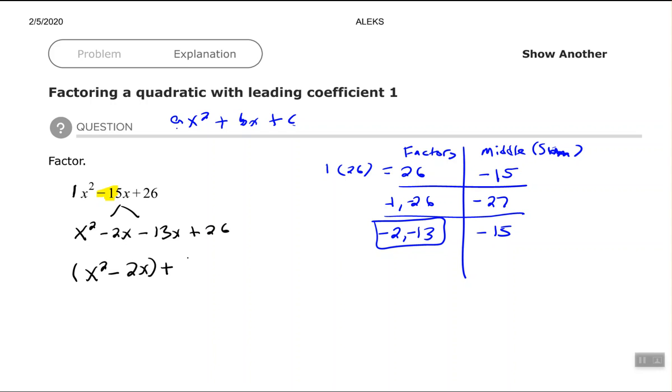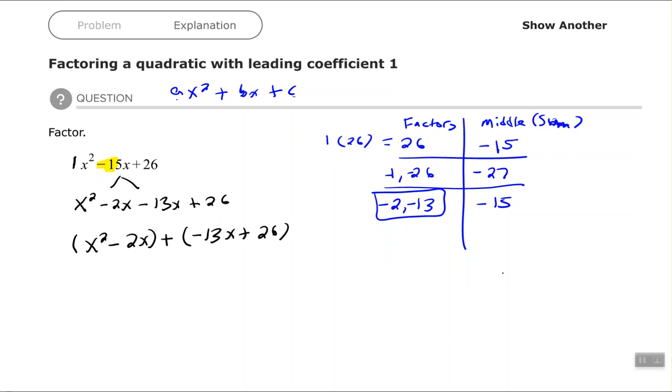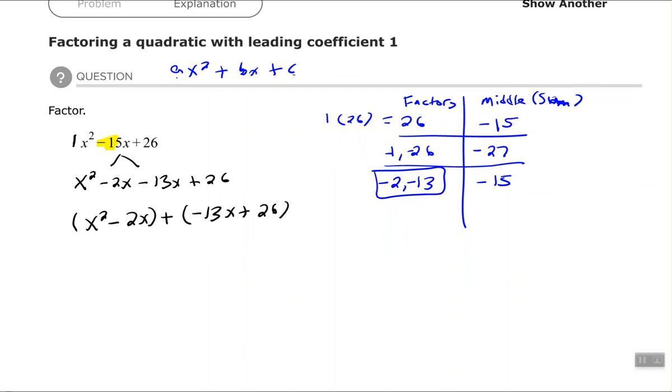Remember, on this step, we always have a plus in between the two parentheses. After I make my 2 groups, I need to factor out the GCF from each group. So for x squared and 2x, the GCF is x.